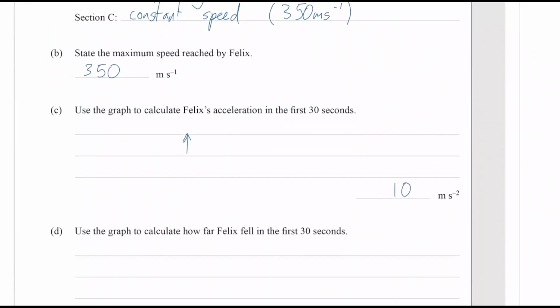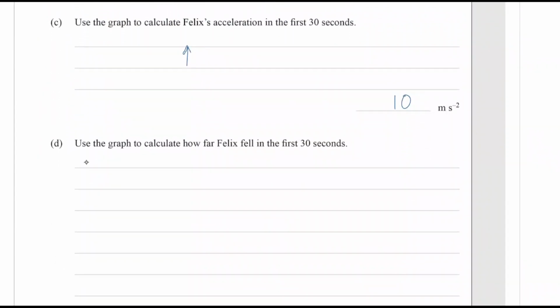So just putting that into some proper working down here. Distance in first 30 seconds is area under curve in first 30 seconds.